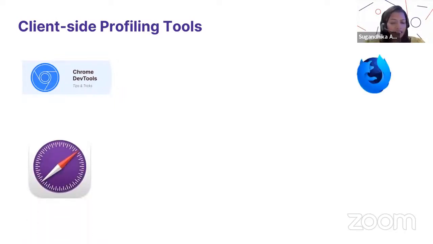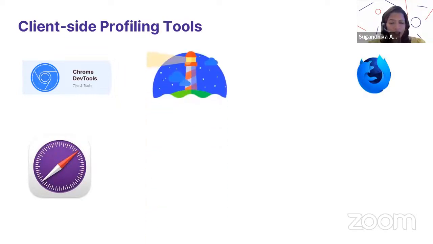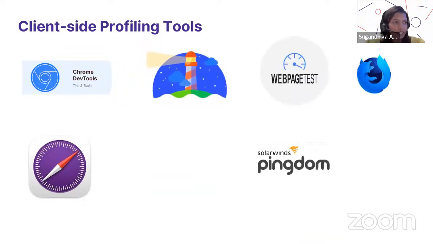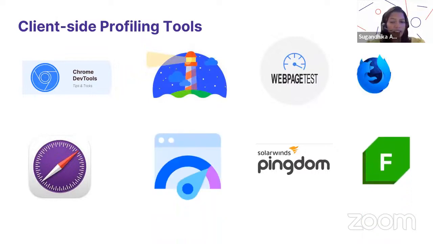And the third one, I think, is Microsoft Edge Developer Tool. These are some common tools that you could use, and some specific tools like Lighthouse, Pingdom, and WebPageTest. And also we can use Fiddler as well as PageSpeed. Those are the tools that we use for client-side profiling.